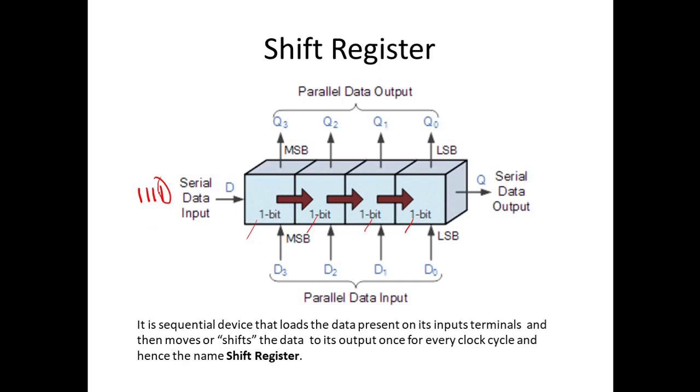If I am giving 4 bit input 1 1 1 1, during the first clock pulse the first least significant bit 1 will be moved here. During the next clock pulse, keep in mind the output of the first flip-flop will be connected as input to the second flip-flop. And mostly for shift registers, you will be using D flip-flops.